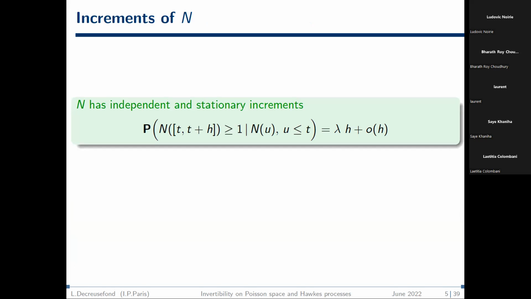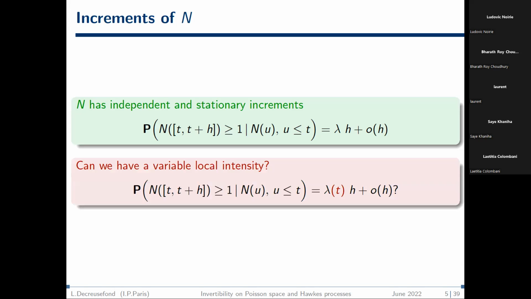So one way to describe this is to say that the number of arrivals between t and t plus h, the probability that it is greater than or equal to 1, given the path of the process up to time t, is lambda h plus something which is negligible with respect to h, as h goes to 0. Okay, this is the property I will use to describe what I need.